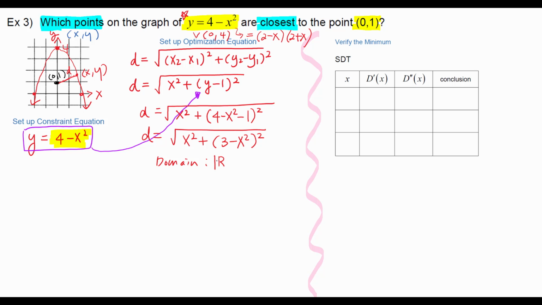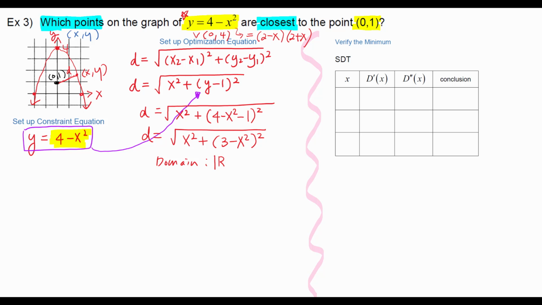Now, is this the function I'm going to use to minimize? Do I have to take the derivative of this? Not really. When you have a function like this, think of one more step. In order to make the square root the smallest, you can just make the radicand smallest instead, because the smaller the radicand, the smaller the radical.